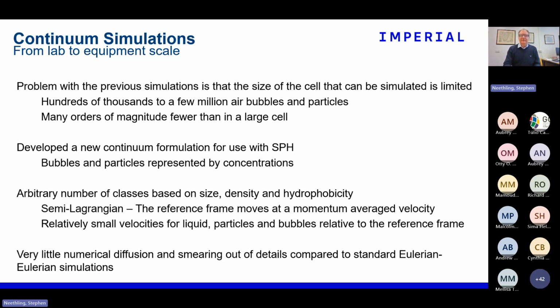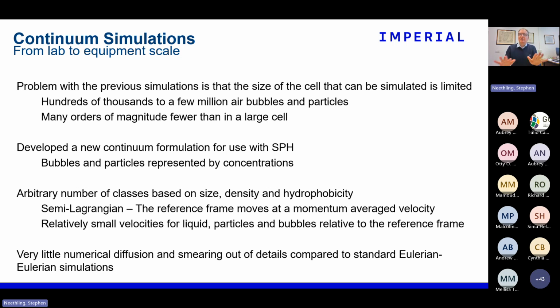In an Eulerian approach, the usual issue is you get all your concentration fields badly smeared out. That's because if you're simulating something like flotation, you've got liquid moving very fast, you've got particles moving very fast, but the relative velocity between your particles and liquid is very small.